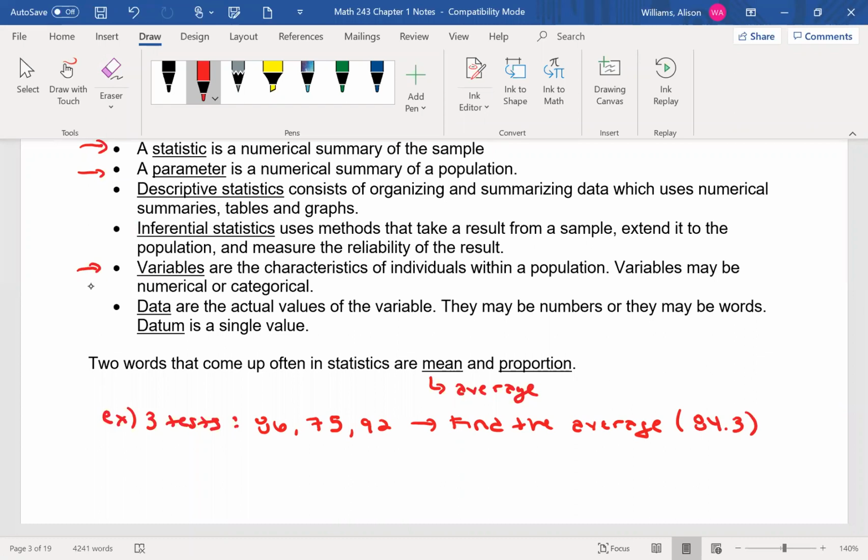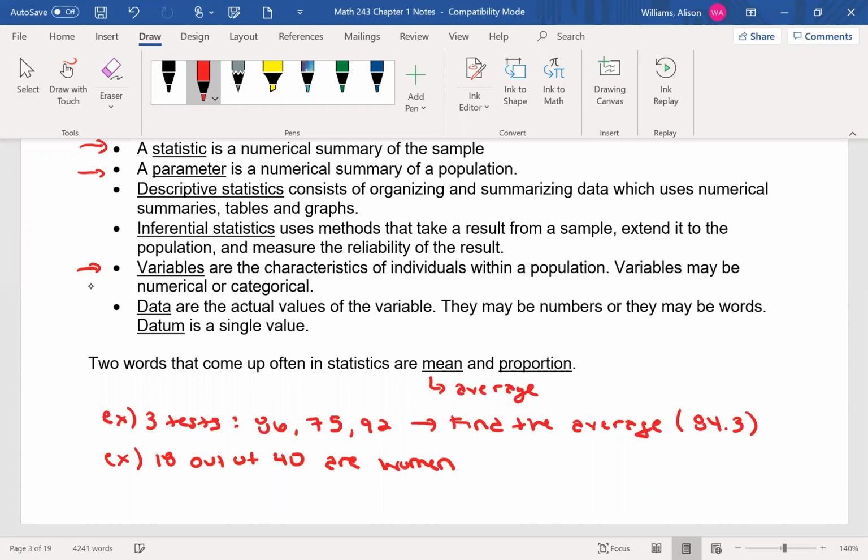But proportion is different. Proportion usually deals with a percentage or a fraction. If I told you that in a class, 18 out of 40 are women, that's a proportion of women.